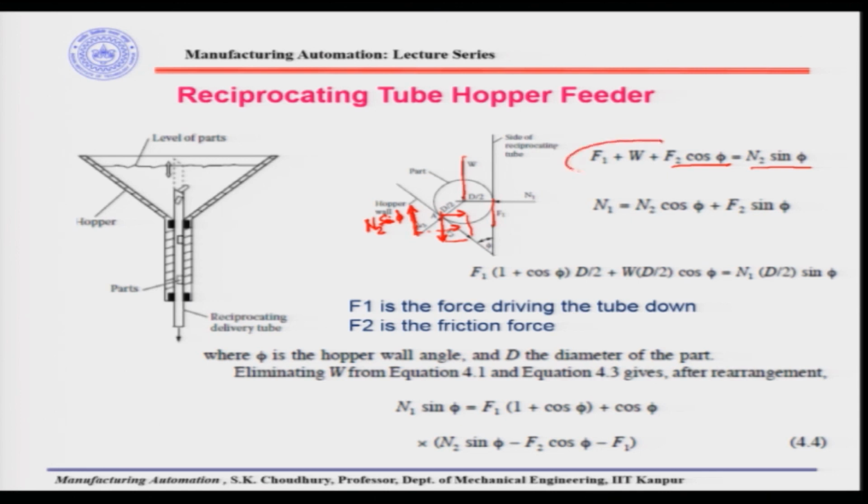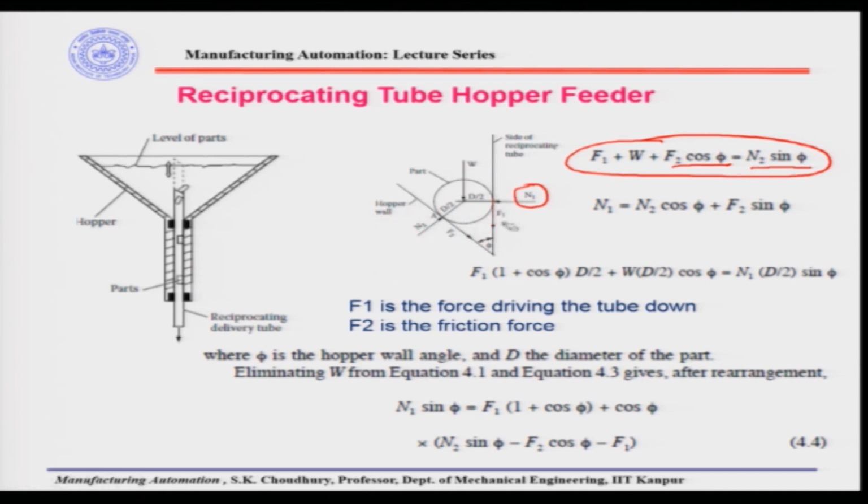So, then this equation comes as the equilibrium, that F1 plus W plus F2 cos phi is equal to N2 sin phi. Okay. So, this is the force equilibrium in the y direction, let us say, in this axis. In the N1 direction, that is the x direction, we have N1, then we have the well, I will remove this thing now.